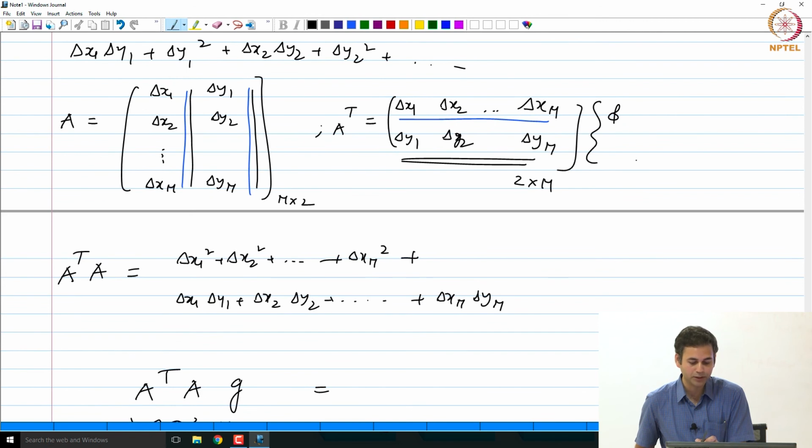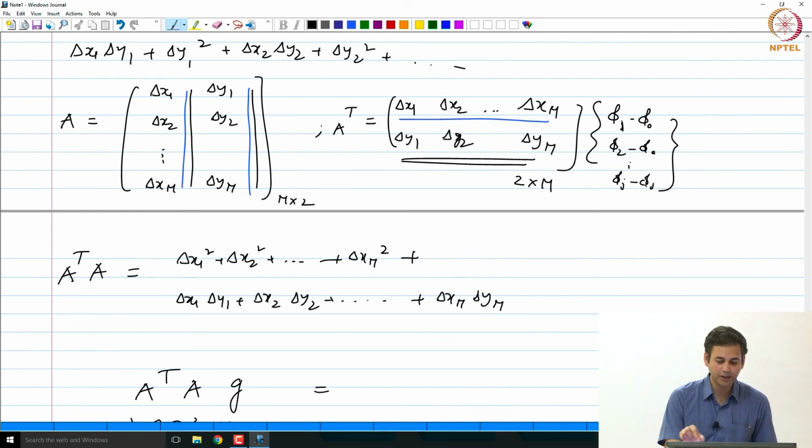What values go here? Phi j minus phi 0 goes in here. So, this is phi 1 minus phi 0, phi 2 minus phi 0, and so on, phi m minus phi 0. Each of them multiplying with 2 rows will give you the 2 equations.